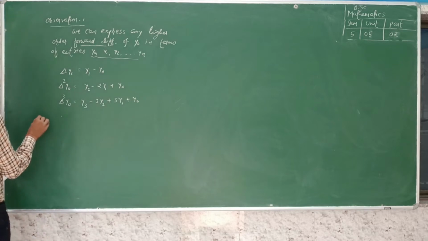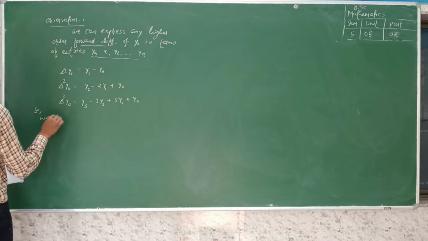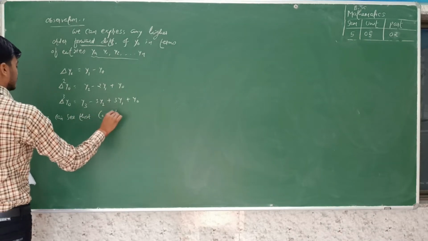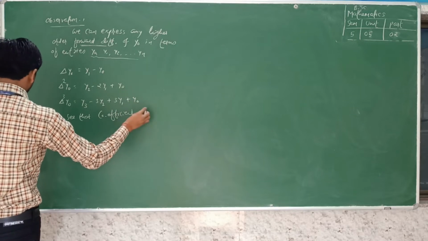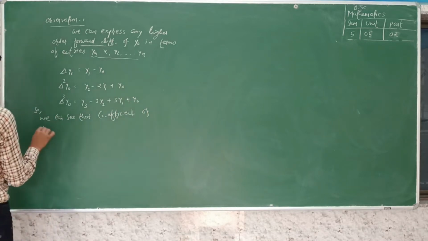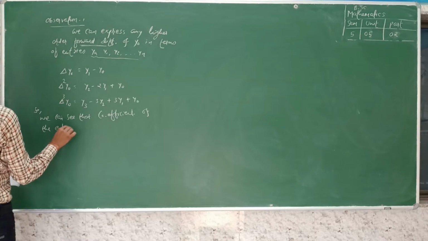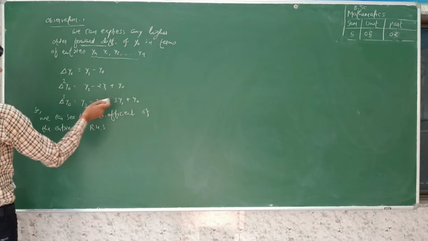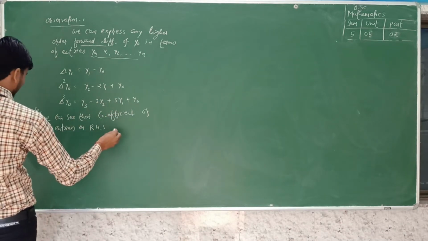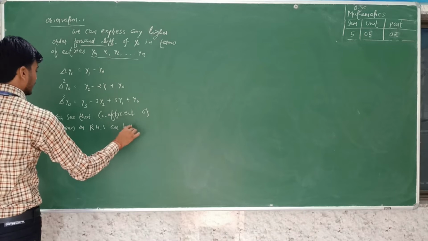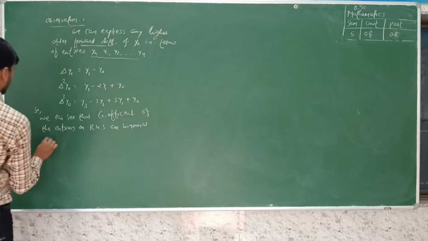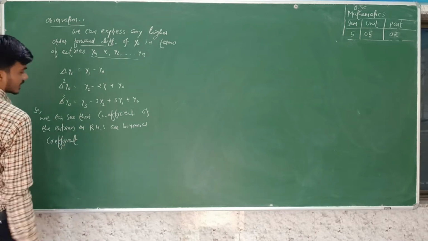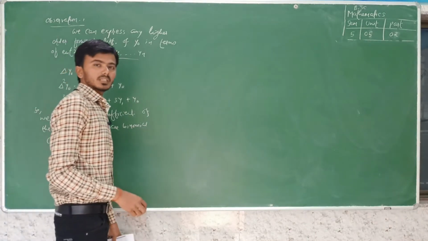So here we can see that the coefficients of the entries on the right hand side are binomial coefficients.